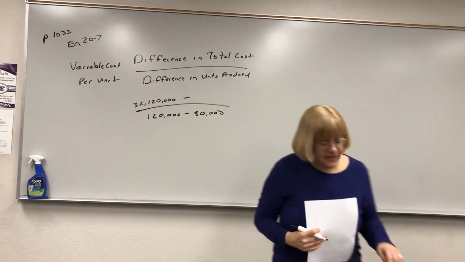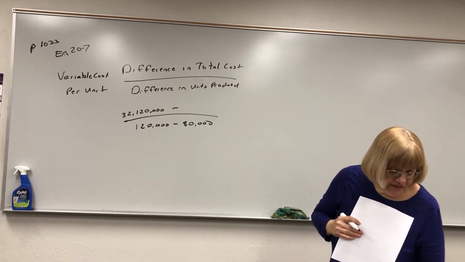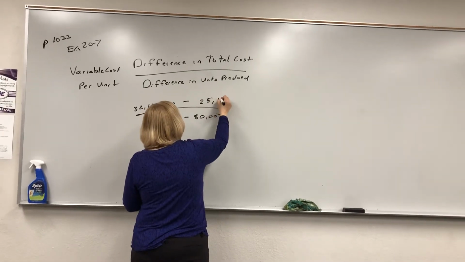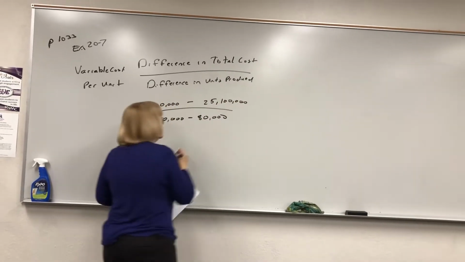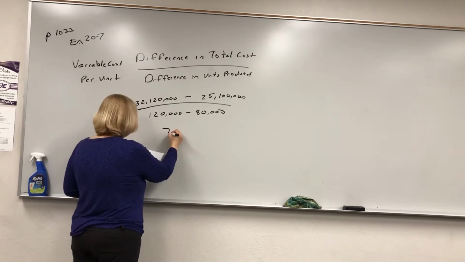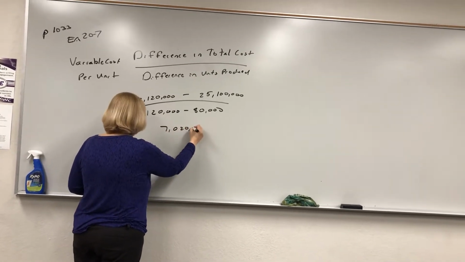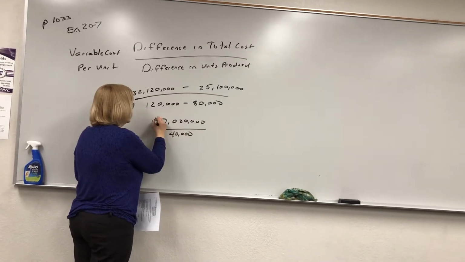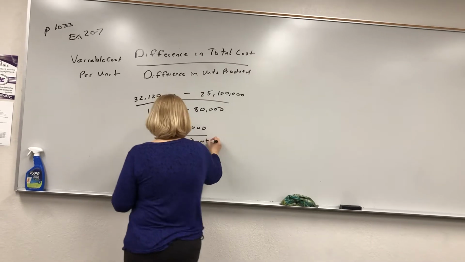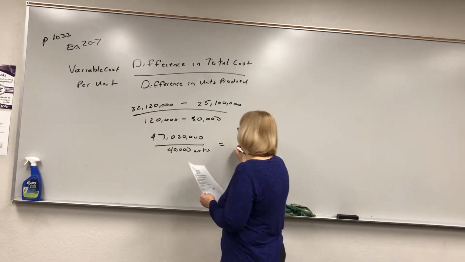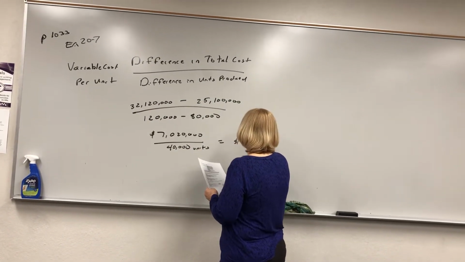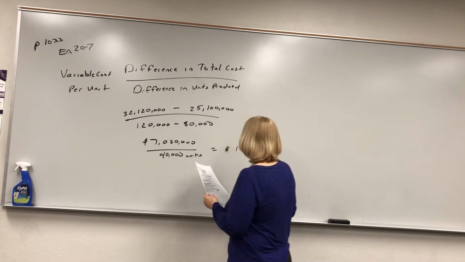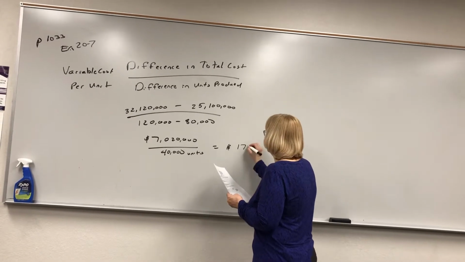And the cost associated with the lowest level, 25,100,000. So you end up with 7,020,000 divided by 40,000 units. So your variable cost for this company is $175.50 per unit.